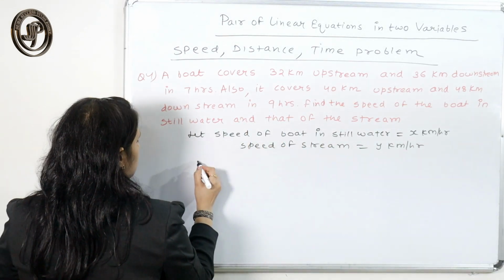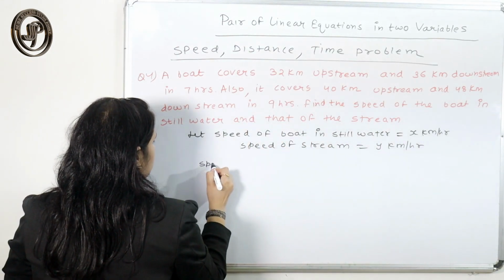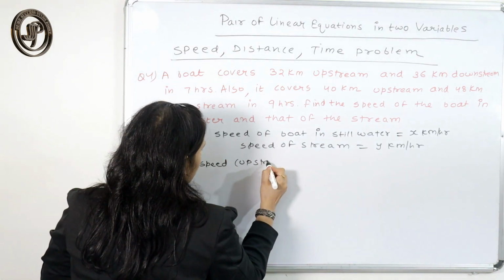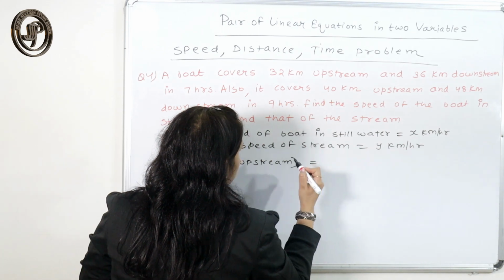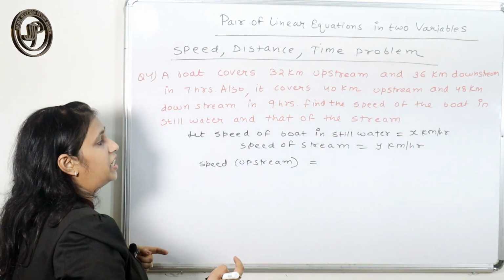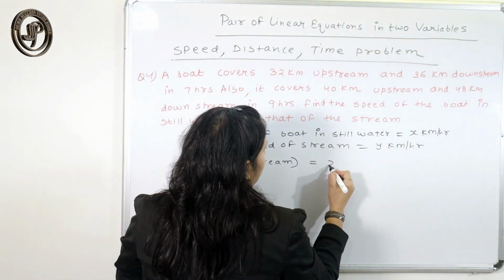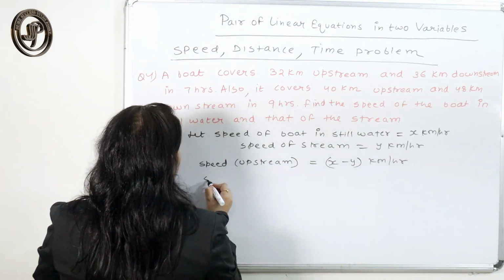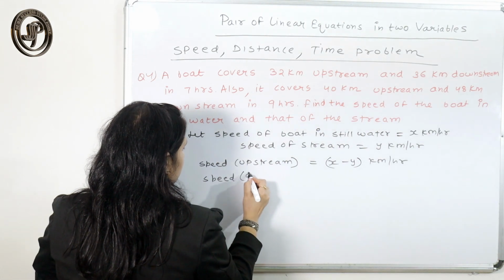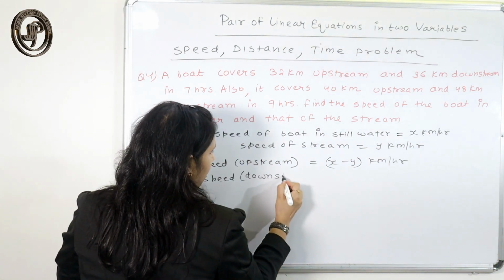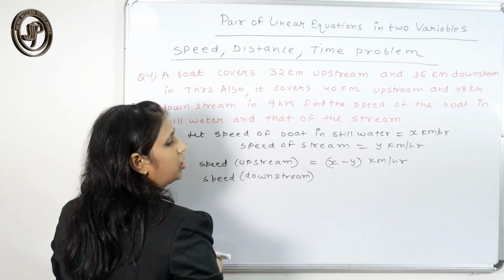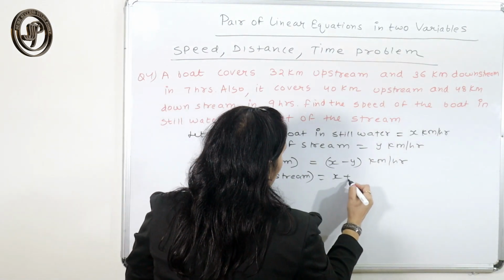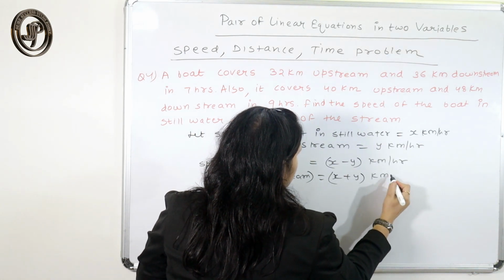The speed in upstream, upstream means against, so the speed slightly decreases. The speed in downstream is when the stream moves in the same direction as the boat. Here in upstream the stream moves in the opposite direction of the boat.